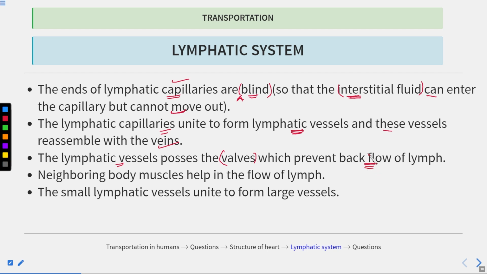We have studied in the previous lectures that walls are present in the vessels to prevent the backflow of the blood. In the veins, the blood pressure is very low, so walls are present to prevent the backflow. Similarly, here also walls are present which prevent the backflow of the lymph.